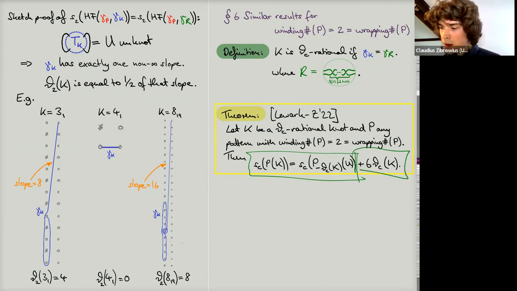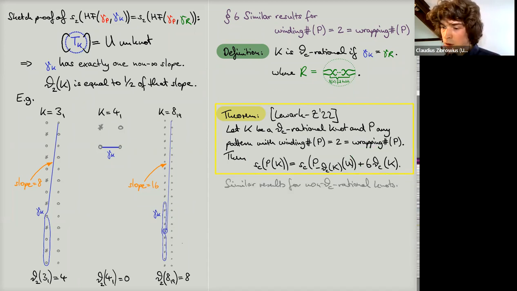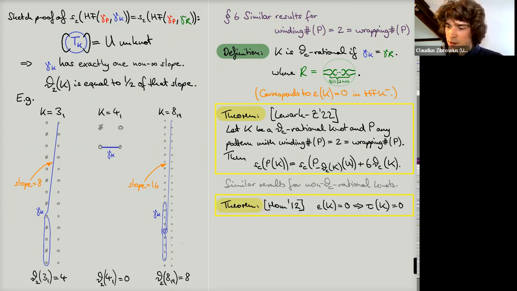In comparison to Jen Hom's result, I would think of theta rational versus not theta rational as corresponding to the epsilon invariant being equal to 0. The reason I say this is that in the winding number 2 case we're exactly in the case where we look at cables of knots.